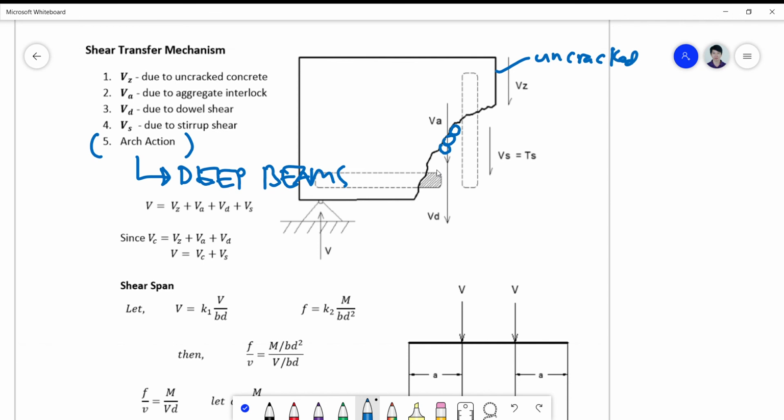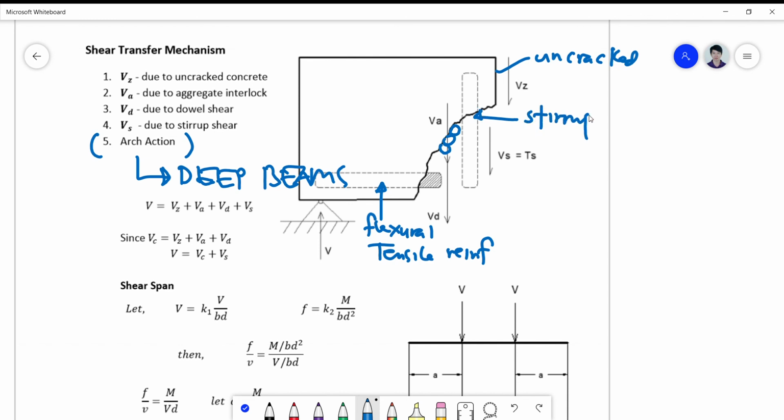And for Vd, you see a dowel here. This dowel here is actually your flexural tensile reinforcement, which also contributes to the mechanism. And your Vs, which is this vertical here, is contributed by your stirrups.